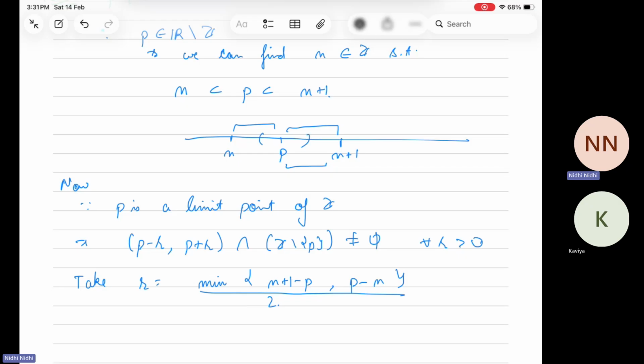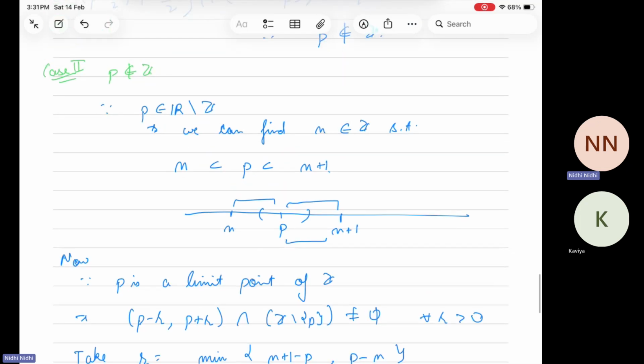So our interval is something like this. Eventually this interval will never contain any integer because P is not an integer. The next integer after P is n plus 1, which is obviously not in this interval because we have taken R in such a way that our interval does not contain any integer.